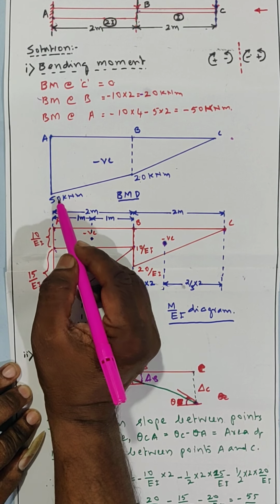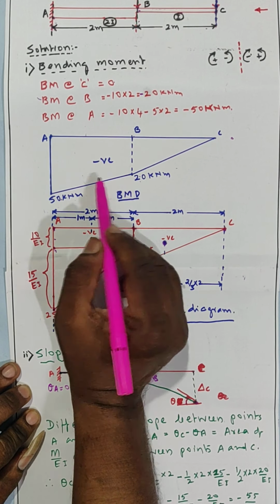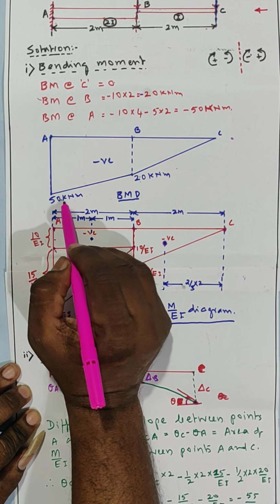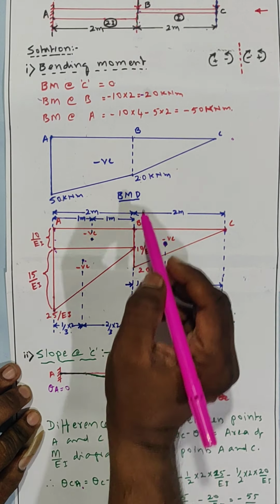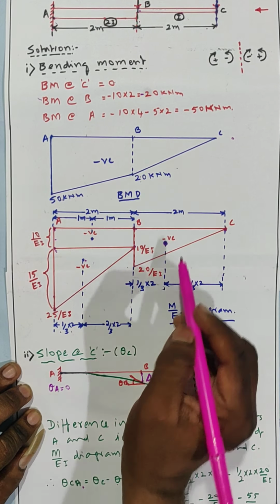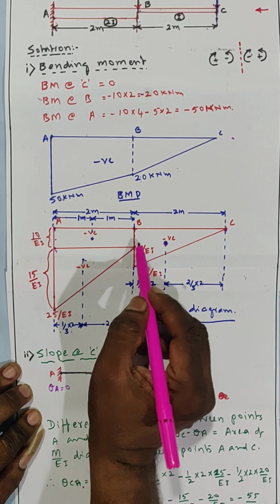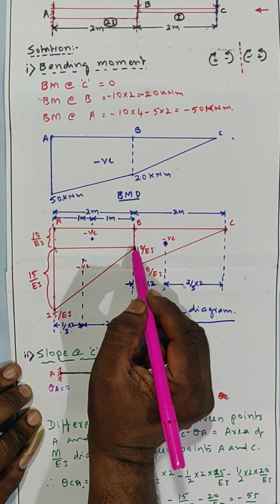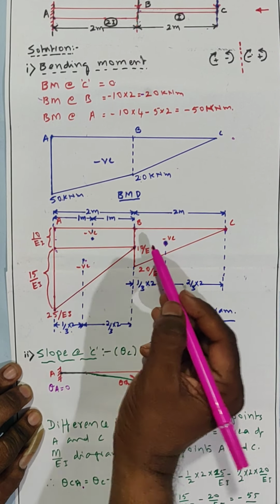Therefore, I have to divide all these values for portion AB by 2. 50 by 2 is 25 by EI. Again 20 by 2 is 10 by EI, because AB is 2EI. Therefore, again I am marking this 10 by EI point also.